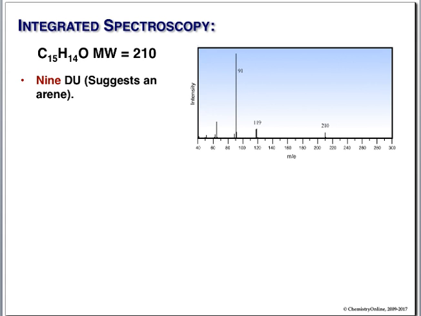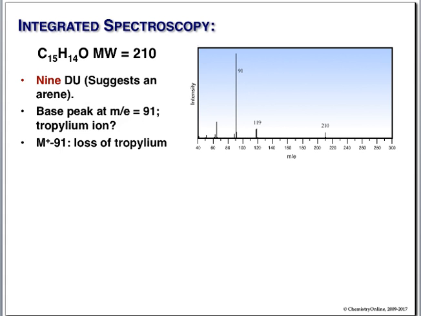So that's probably loss of a CO. I put a question mark after it because it's a guess. It weighs 28. Lots of things could weigh 28. All right, that would get you full credit for the mass spectrum.